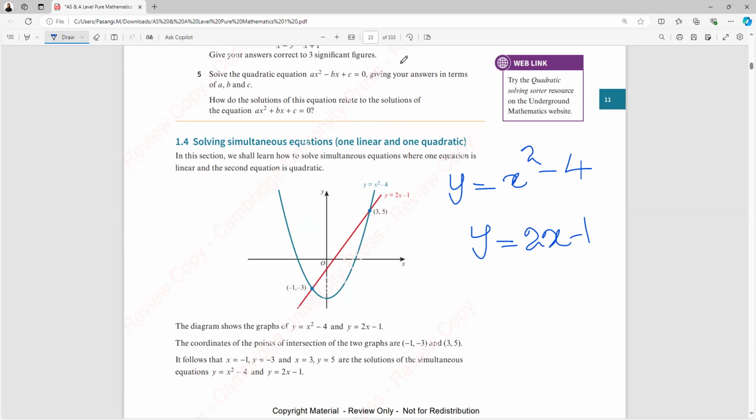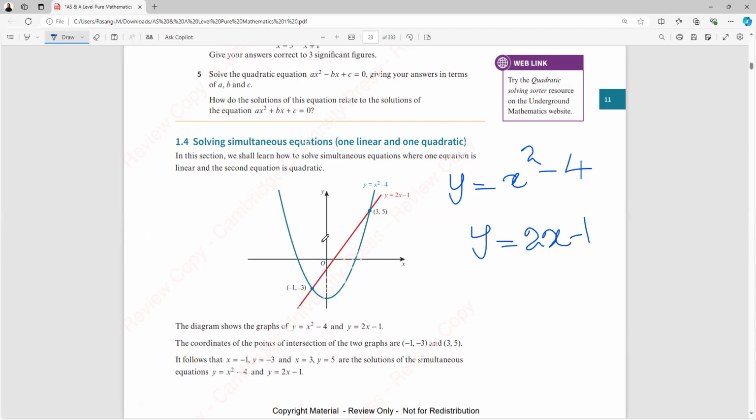What we can do, first, is draw these two graphs together on one Cartesian plane and find the intersection points, because these intersection points give us the solutions.